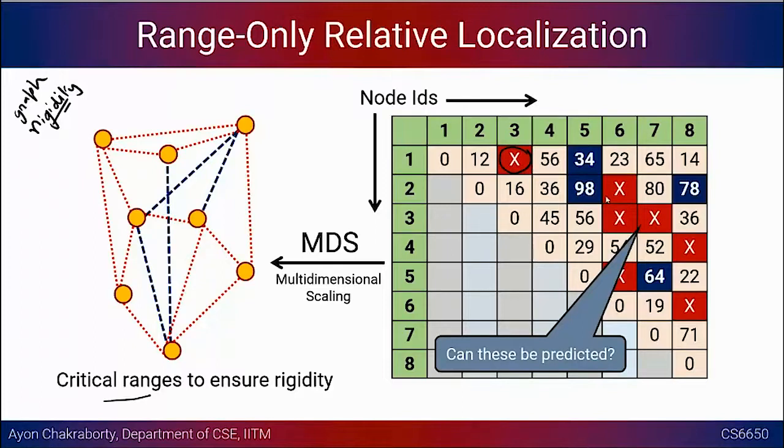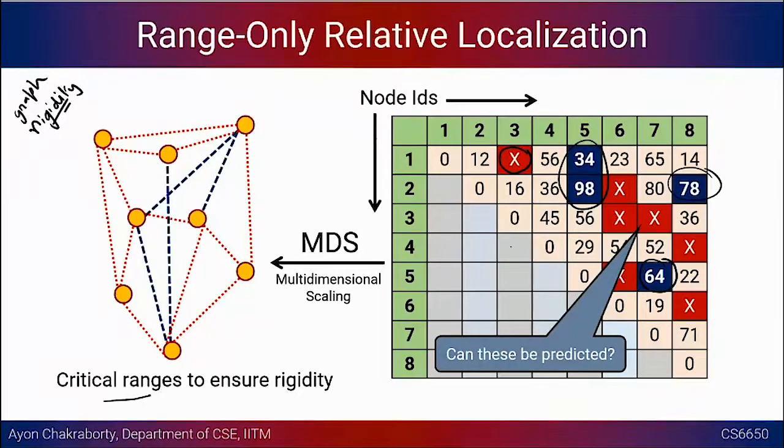So let's say these are the 34 and 98, and then we have these two, 78 and 64. These were the critical edges that were missing when we spoke about the missing ranges in the last slide. If you fill in those, this can define a rigid graph, hypothetically speaking.